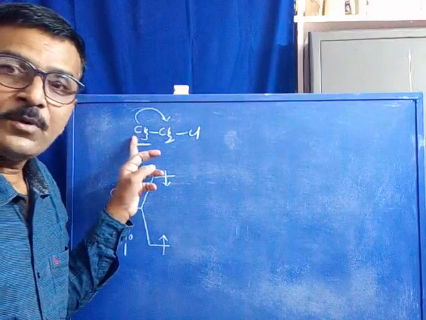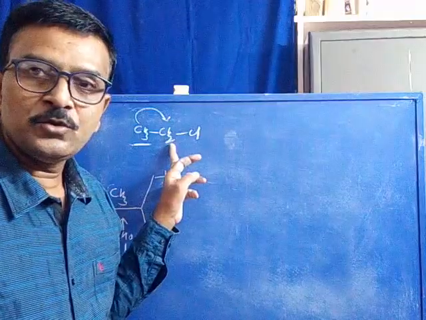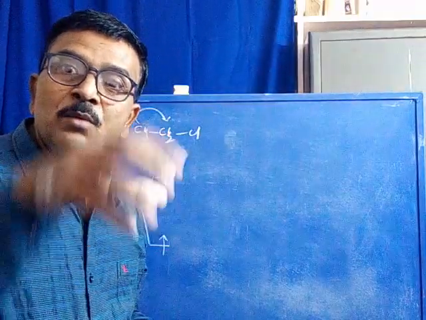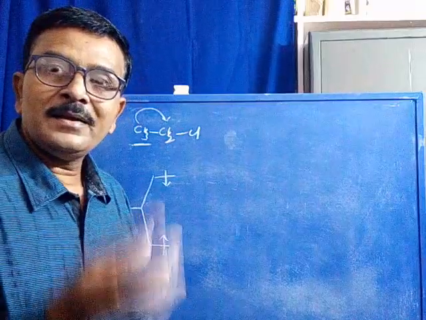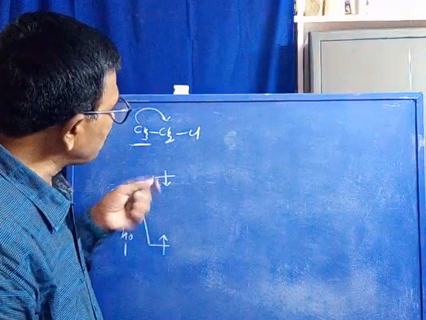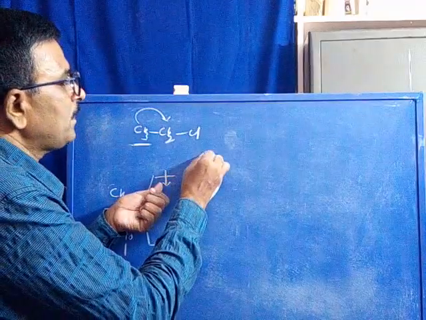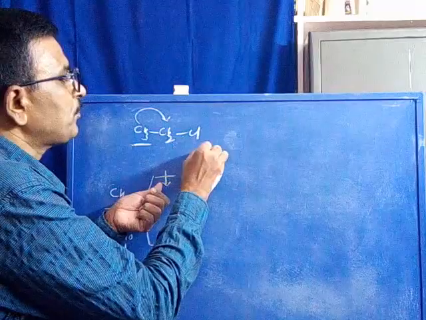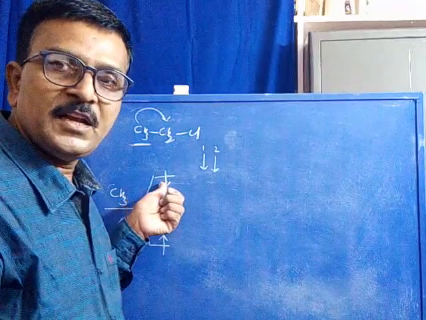Now, when the CH3 proton is coupled with the CH2 proton nuclear spin, the two protons of CH2 are oriented in different ways. Let us write the orientation for CH2. With respect to this orientation, the two protons of CH2 are parallel. This is the first proton, this is the second proton. Is it clear?